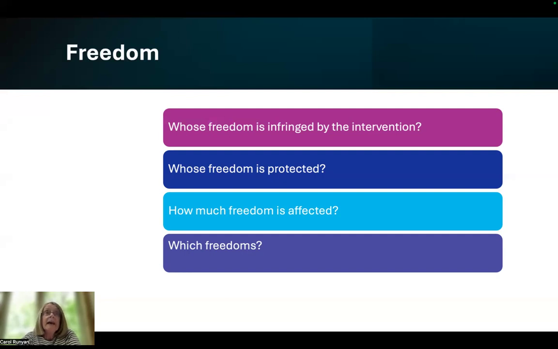But I'd be willing to bet that that's not a freedom that you really worried about and that bothered you, that you couldn't buy cars with glass that shatters. So not all restrictions of freedom are equal.